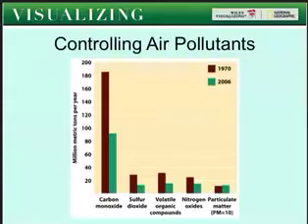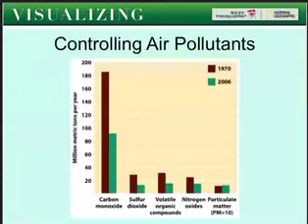Since 1990, the EPA has also monitored particulate matter at a diameter of about 2.5 micrometers, and these are very small particles. But again, this is evolving and changing data.